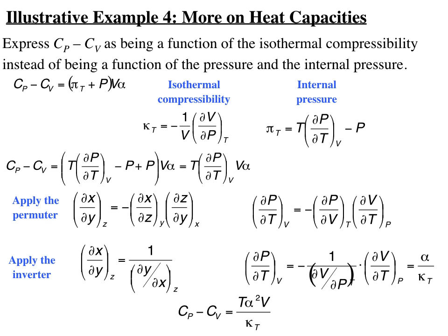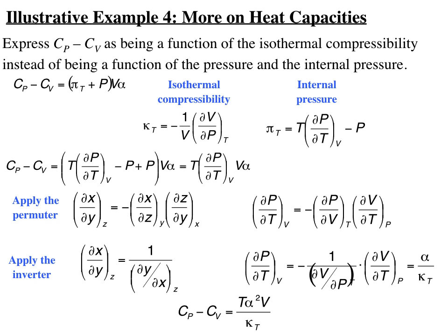So a general expression for Cp minus Cv, which eliminates the internal pressure and writes it in terms of the isothermal compressibility, is that Cp minus Cv can be found from this collection of variables. This is true for a real gas, or an ideal gas for that matter.